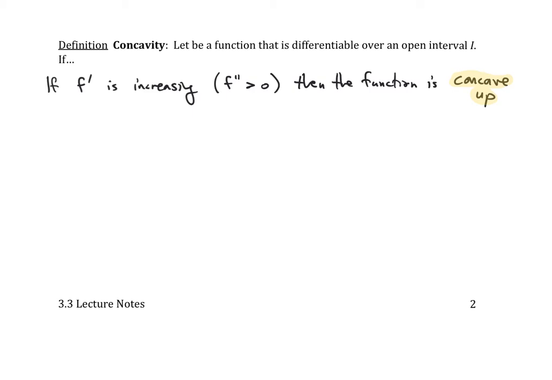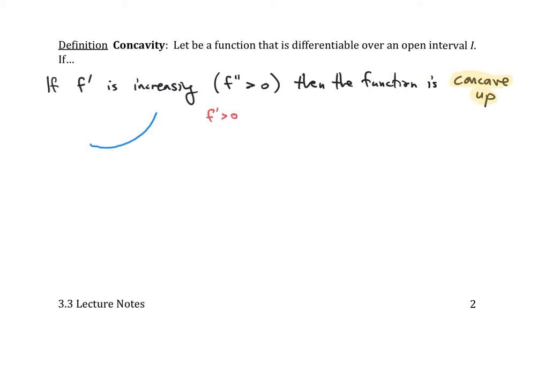Okay, so I want to draw a couple of pictures to try to capture what I mean by concave up. So let me draw a picture that looks like this. When we look at this picture, my function is clearly increasing, so my f prime is greater than zero according to this picture.